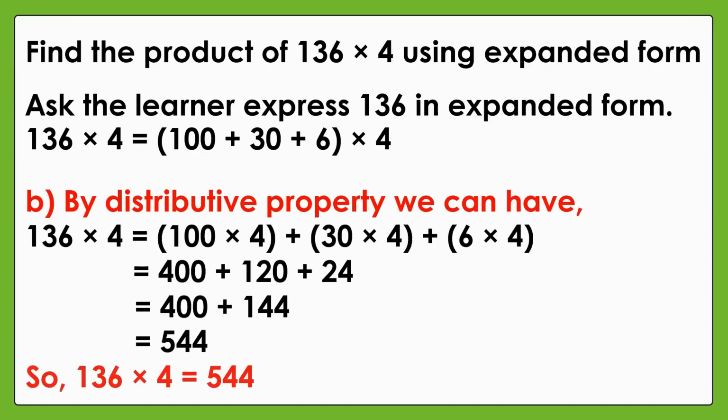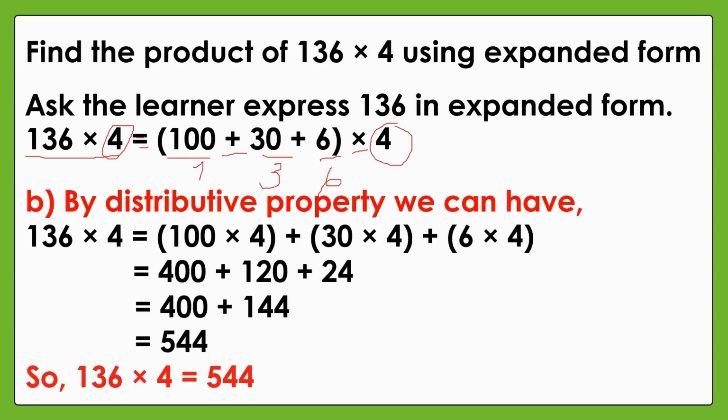Now, let us find the product of 136 times 4 using expanded form. So, on this part, we have 136 times 4 is equal to (100 plus 30 plus 6) times 4.